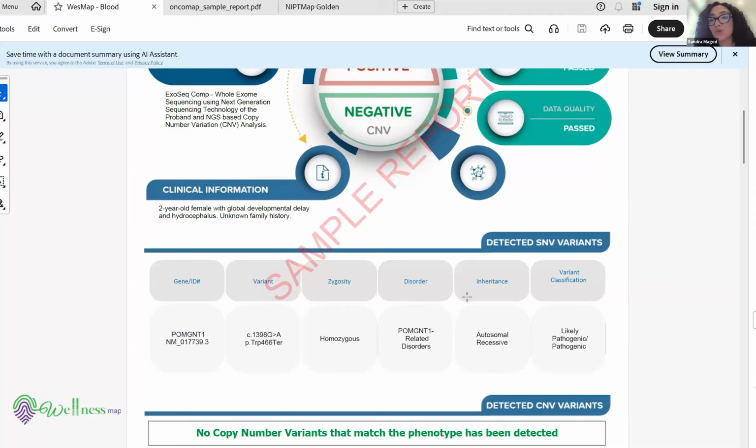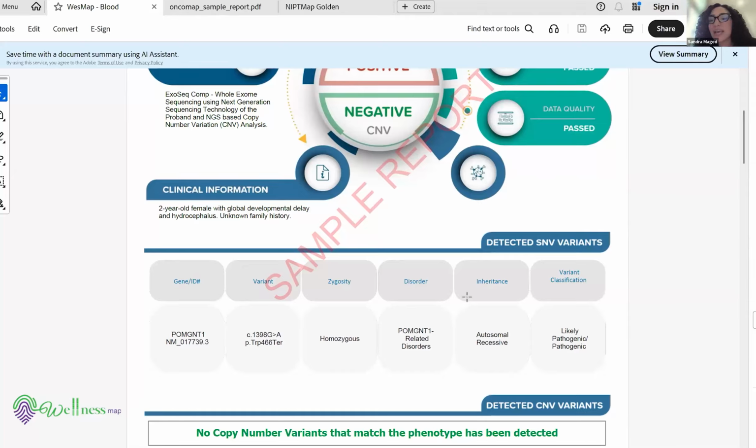However, we can see autosomal dominant, we can see X-linked, and we can see mitochondrial if we're sequencing the mitochondria as well. So what do we mean by that? Autosomal recessive is basically what I've just explained before, that both parents have it as a carrier and they do not have a disease.